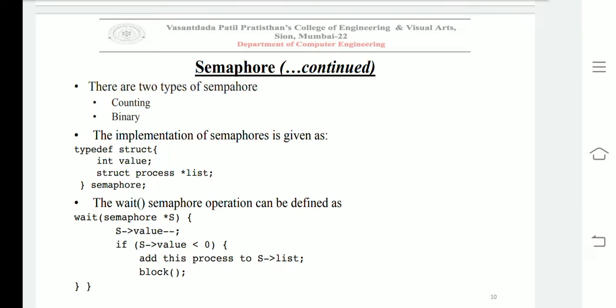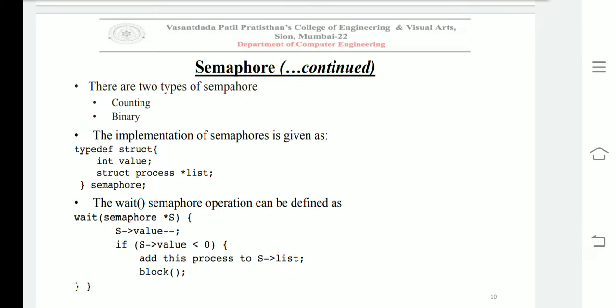When a process requires a resource, it performs the wait operation on the semaphore, that is decrementing the count. When a process releases a resource, it performs the signal operation on the semaphore, that is incrementing the count. When the semaphore count reaches 0, all resources are in use. Any process that requires a resource will be blocked until the semaphore count becomes greater than 0.